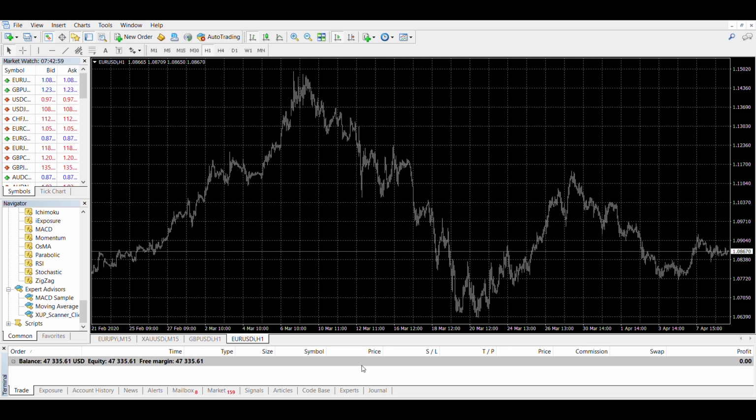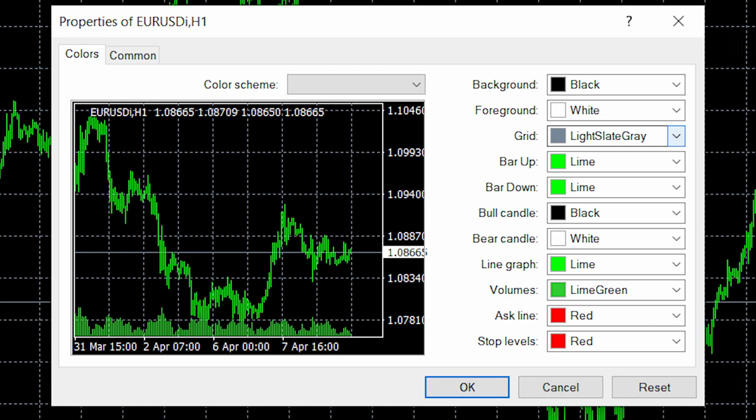Right click, properties. If you want the grids, you can. If you don't, you can take them away. I don't like the grids. I just can't see with them in there, so I take them off. Your bar up, you want it to be blue. Your bar down, you want that to be pink.